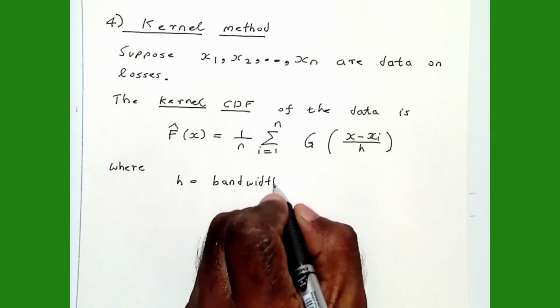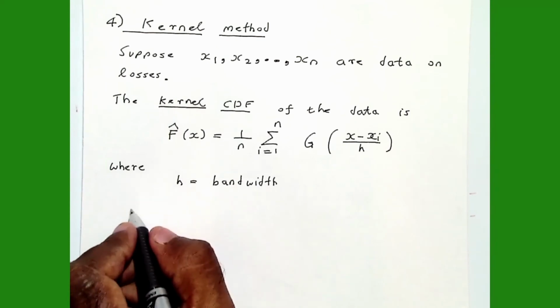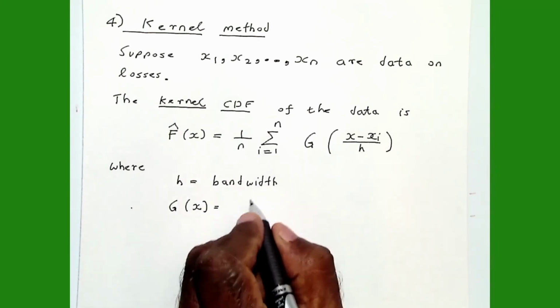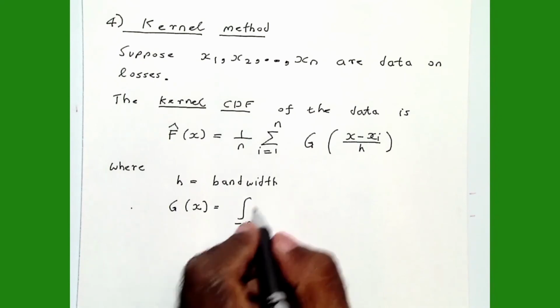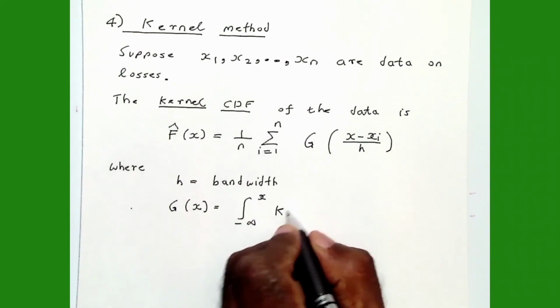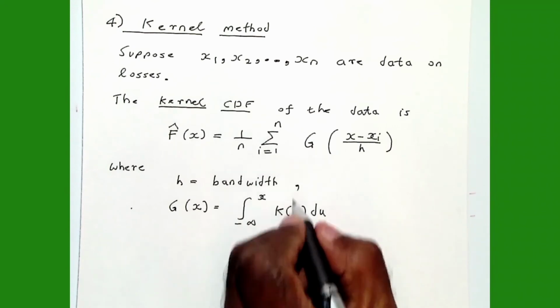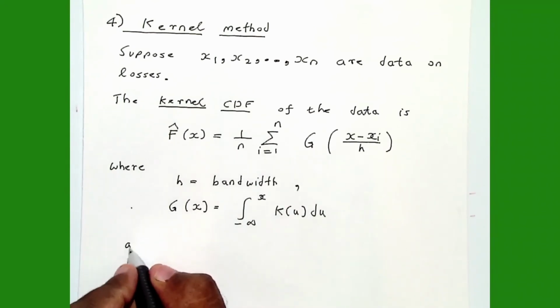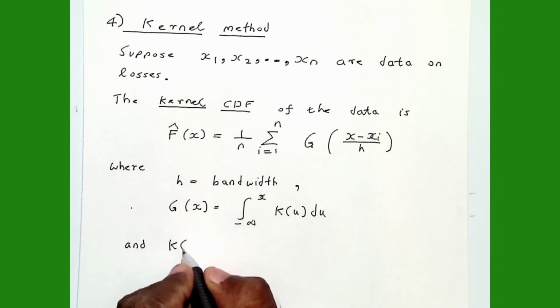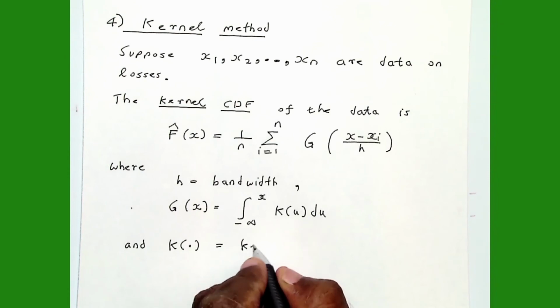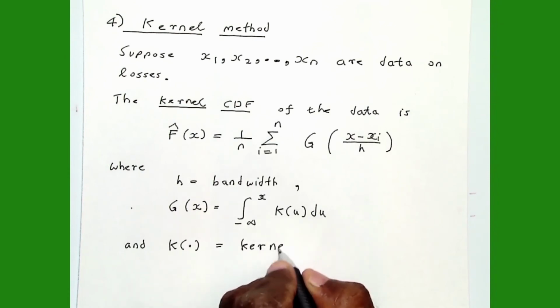And G is given by this expression, the integral from minus infinity to x of K(u) du, and K is known as the kernel PDF.